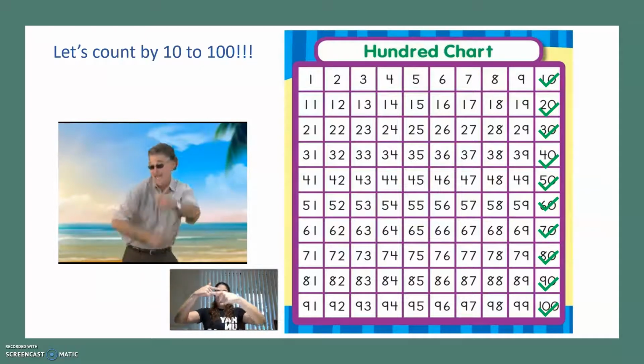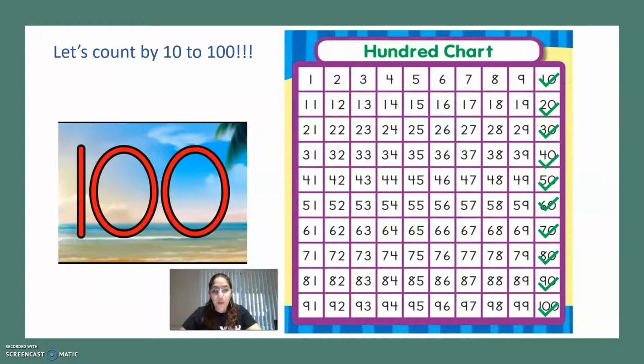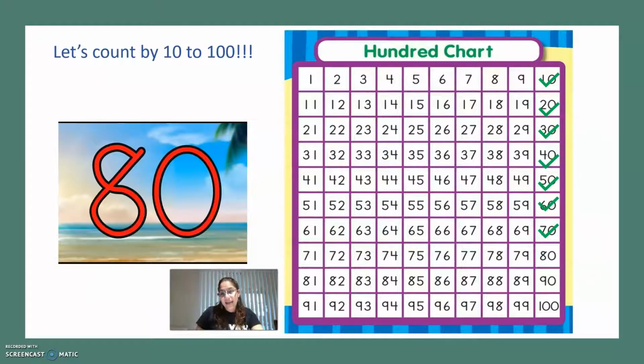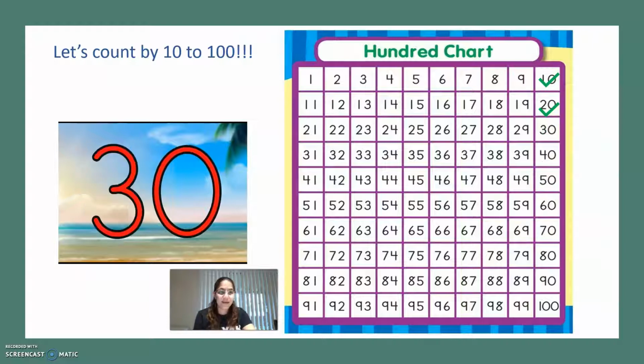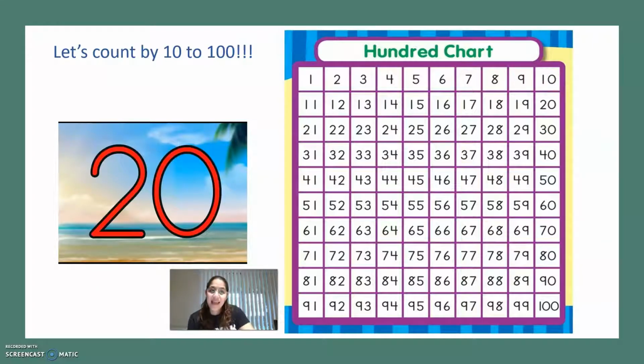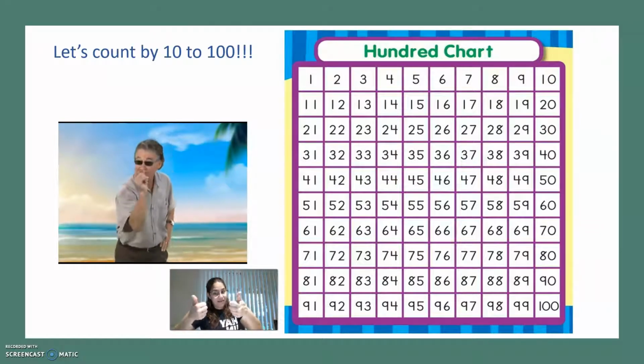Take it back, hands roll backward and count back. 100, 90, 80, 70, 60, 50, 40, 30, 20, and 10. Just like that, you can do it.